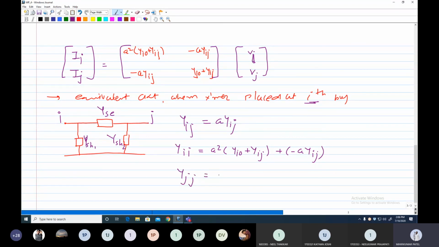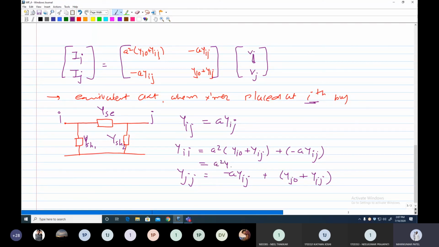Then help me write the equation for the admittance at the jth bus, Yjj. Minus Yij, you can write minus A into Yij, plus Yj0 plus Yij. Very good. So again we can simplify this equation as we have simplified previously.